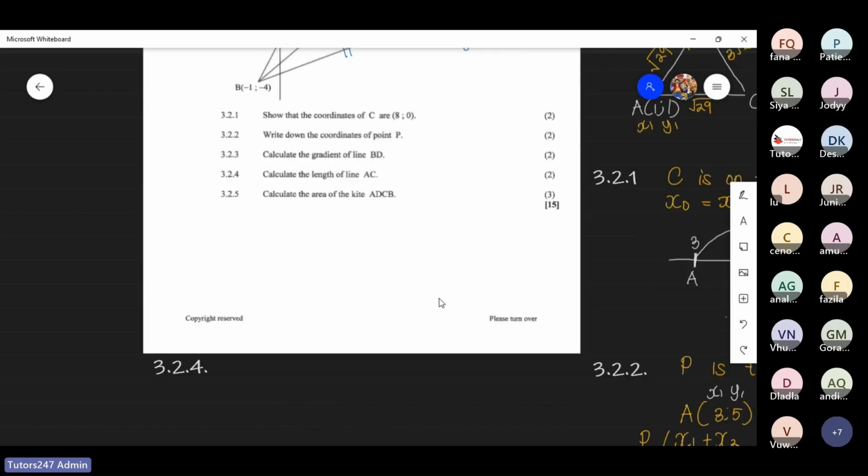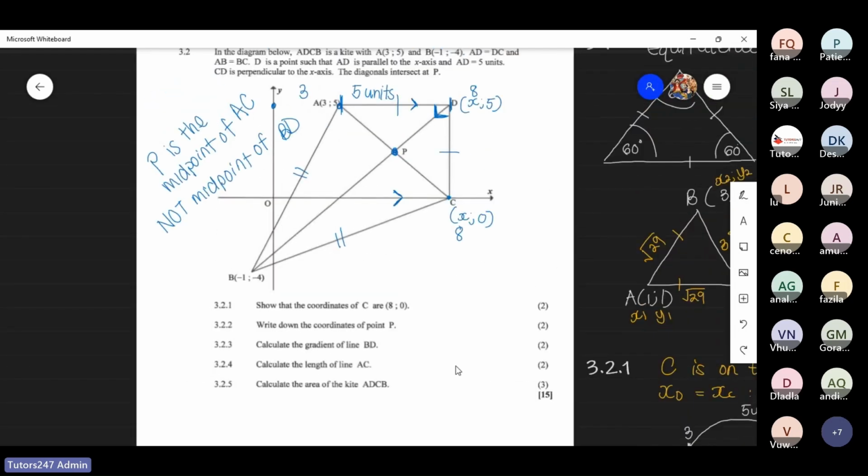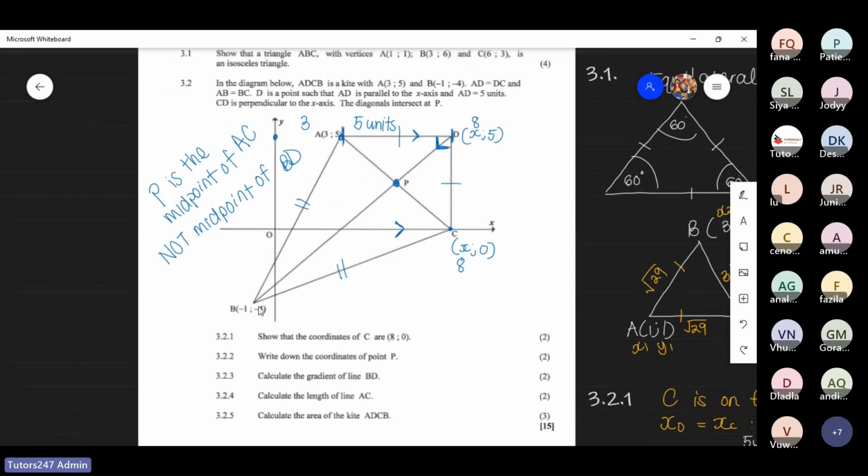Question 3.2.3, calculate the gradient of line BD. So let us go and have a look at what is the line BD. We have the coordinates of B, it's given in the question.